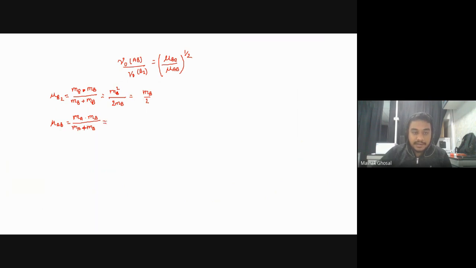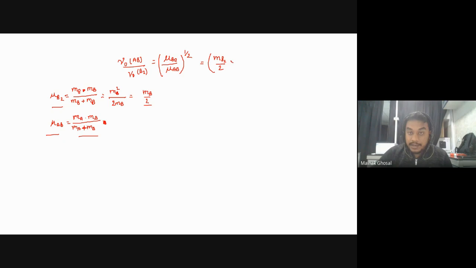And for this, I'm just writing this one. I'm not cancelling anything, I'll do it at a later stage. You'll understand. So I have got the value of μ B2 as MB by 2, and I've also got μ AB as MA MB by MA plus MB. Now you have to put it here. So μ B2 will be MB by 2.